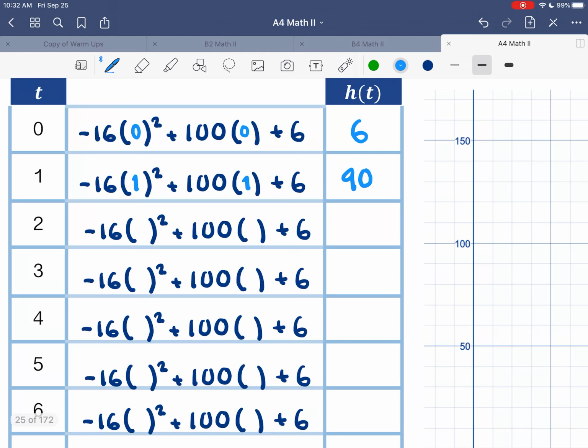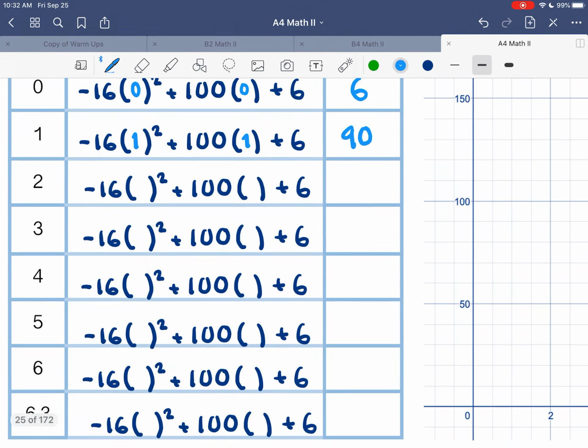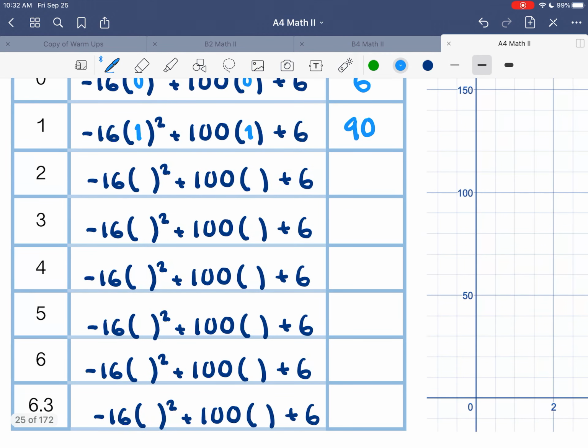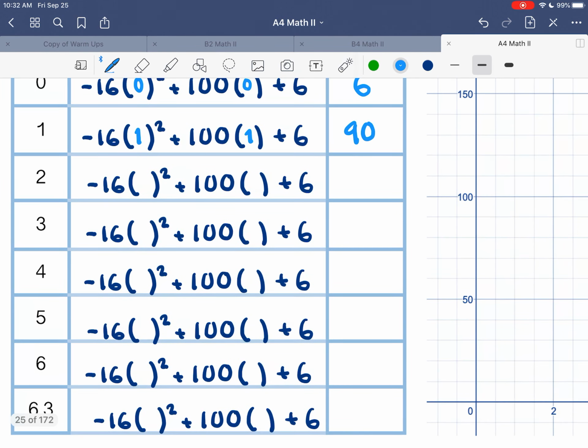So here's where I'm going to say pause me, plug in the rest of these points, and then double check with the video once you've done it if you're getting the right answers. For the value of 2, we should get 142. For the value of 3, we should get 162. For the value of 4, we should get 150.